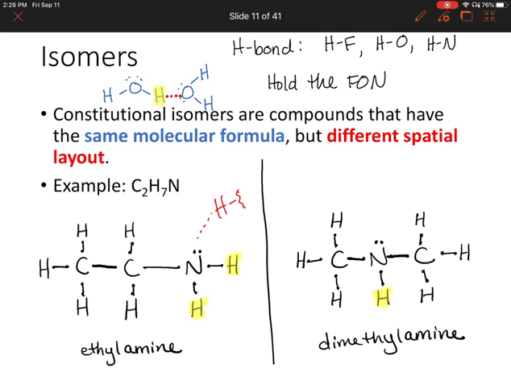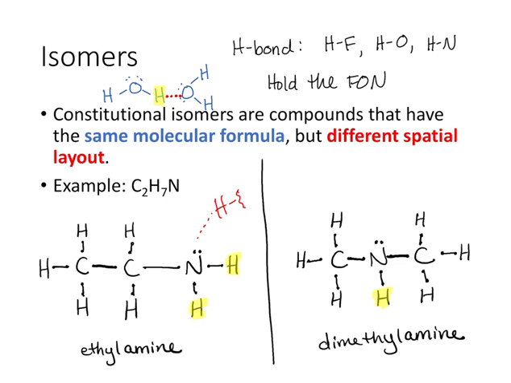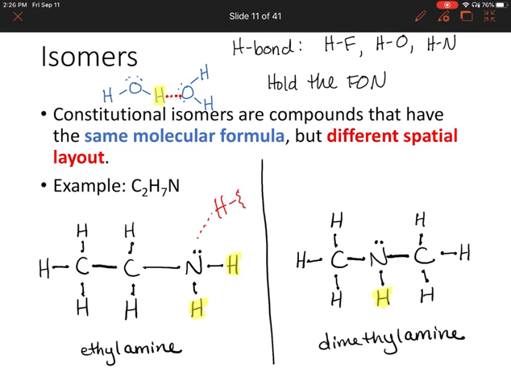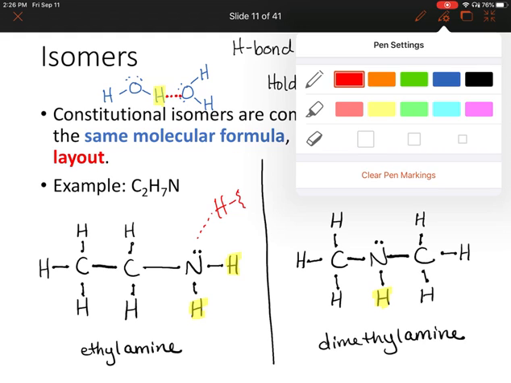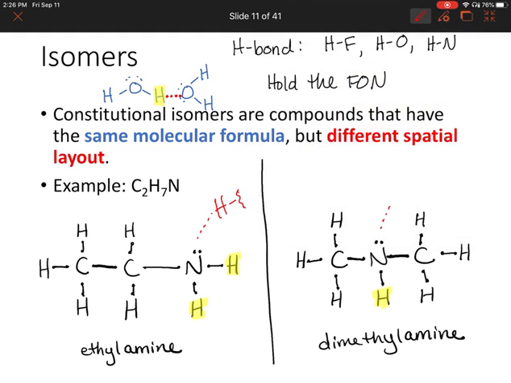Okay, what about dimethylamine? How many hydrogen bonds could we make with dimethylamine? We only have one hydrogen there, and we could again potentially make a hydrogen bond with that nitrogen as well, similar to ethylamine.